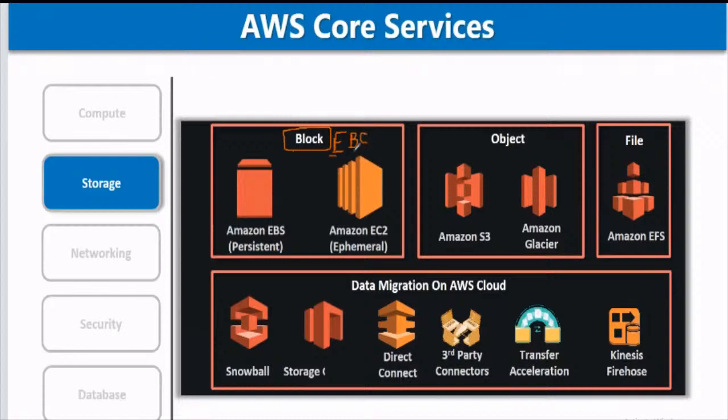For example, whenever we are launching any kind of PC, can a PC run without having any kind of internal storage attached to it? No, it cannot, correct? Obviously, it cannot. Absolutely right.